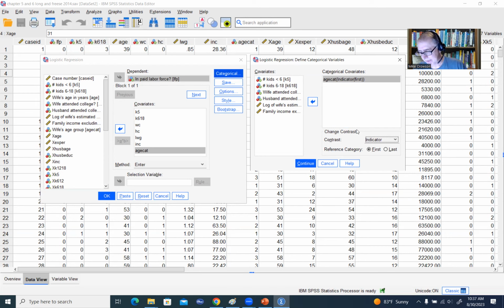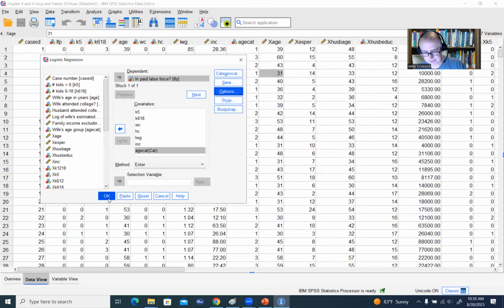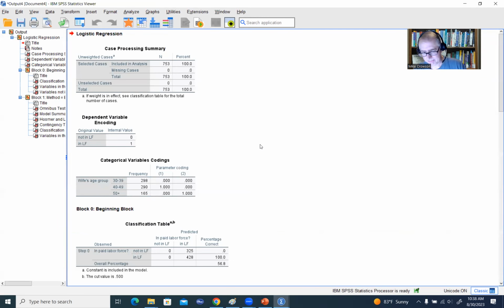The default reference category is the first level on that variable, which is those women aged 30 to 39. If we click last, then the reference category would be the 50 plus group, but we're going to stick with the first right here. So we'll click on continue. Under options, we'll select Hosmer-Lemeshow goodness of fit and the confidence interval for the odds ratio. We'll click continue and then on OK to generate our output.